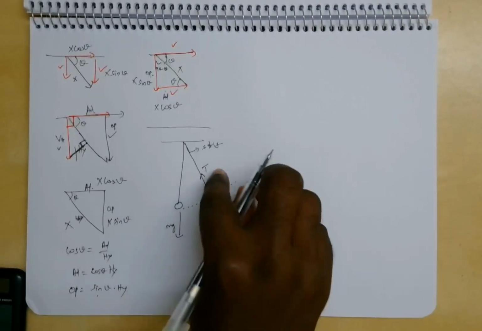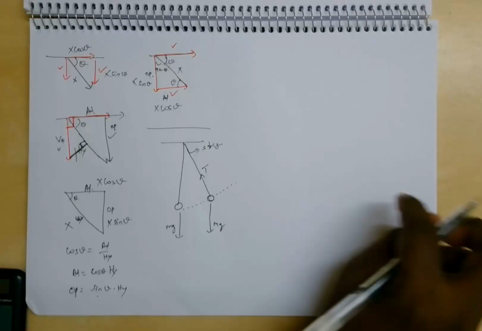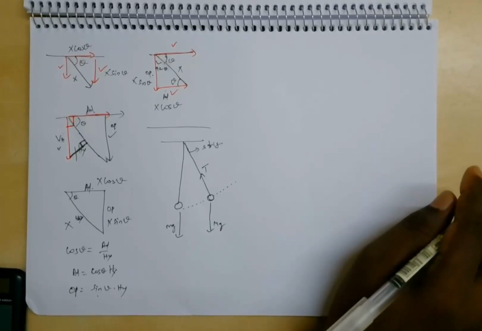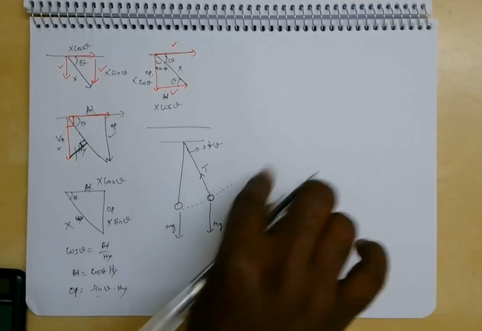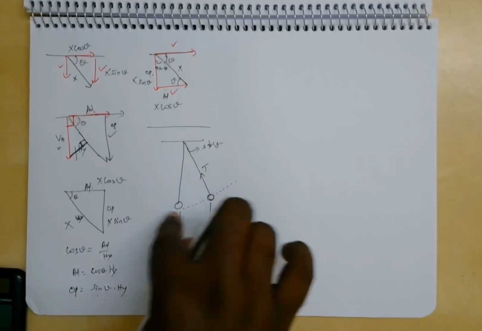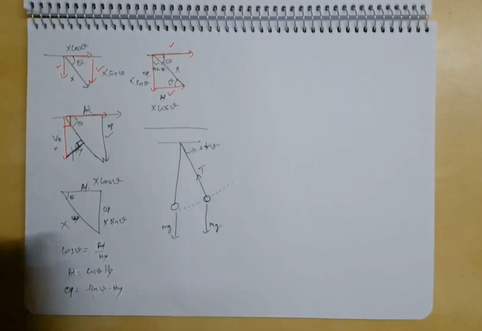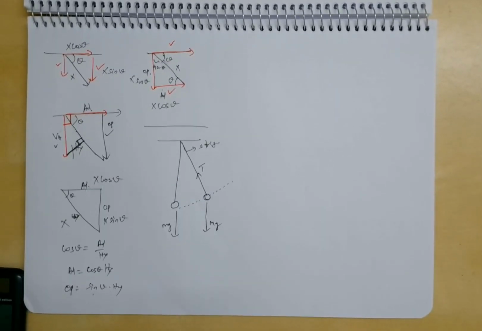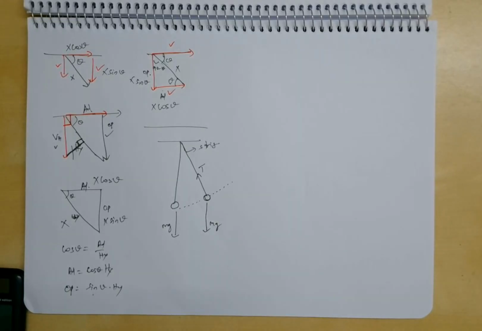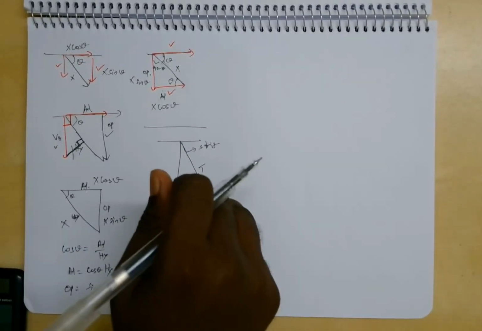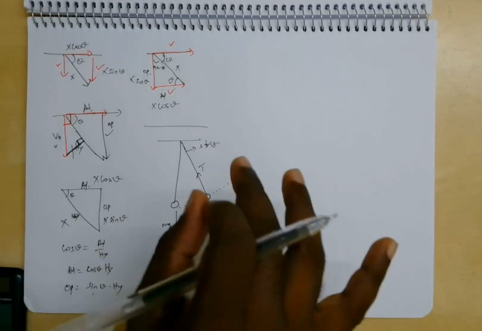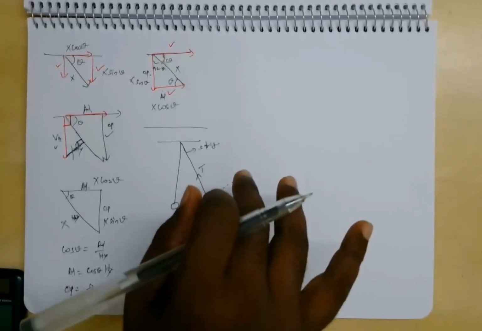So, two forces are acting, one tension, another one is mg. But there is no force in this direction, then why is it going in this direction? But what's the origin? Obviously, we are not pushing or pulling it. Initially, we did, then it is going on its own.